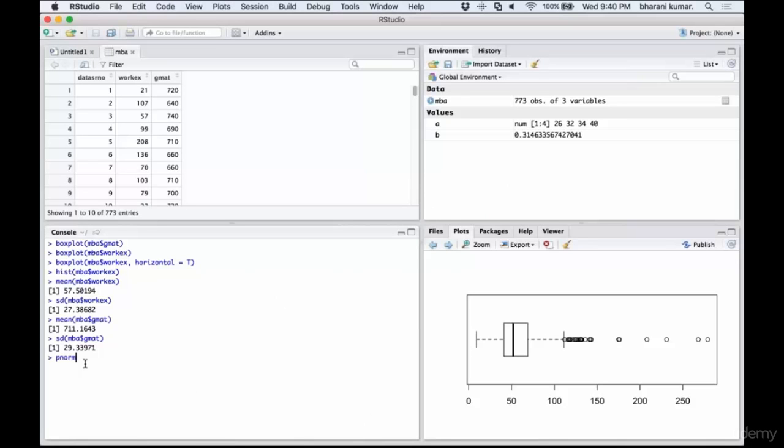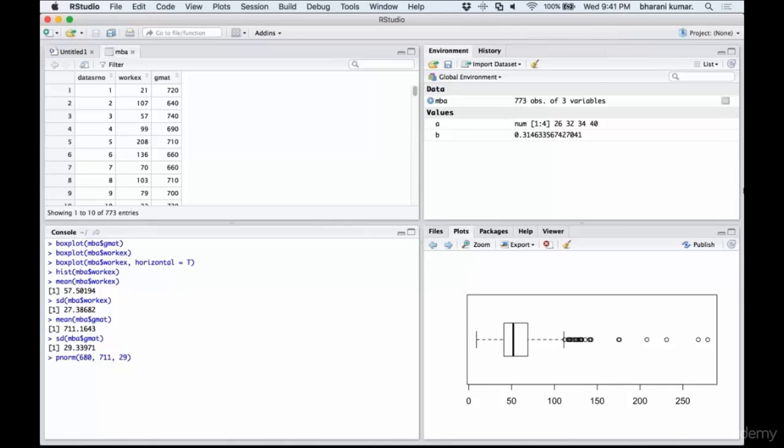So if you do a pnorm, probability of normal distribution, and here you can say 680, 711, 29. The function is written in such a way that you have x, mu, and standard deviation.